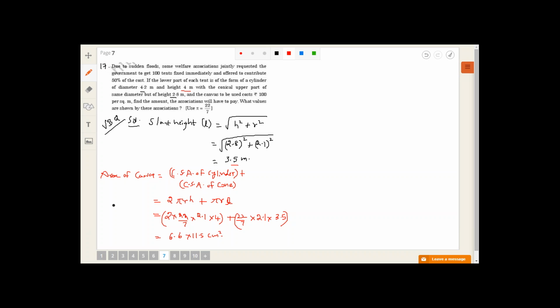Now this is the area of the canvas for 1 tent. Now it is given 100 tents. So for 100 tents we need to multiply by 100.